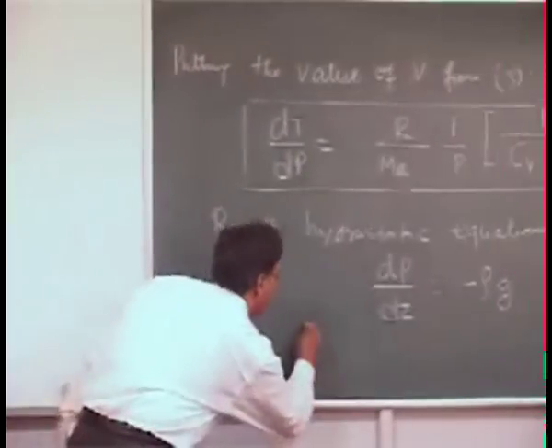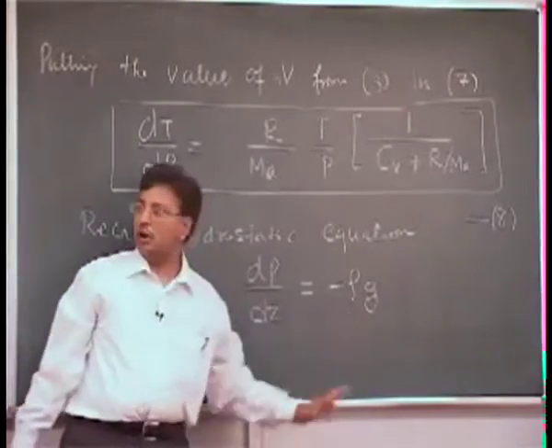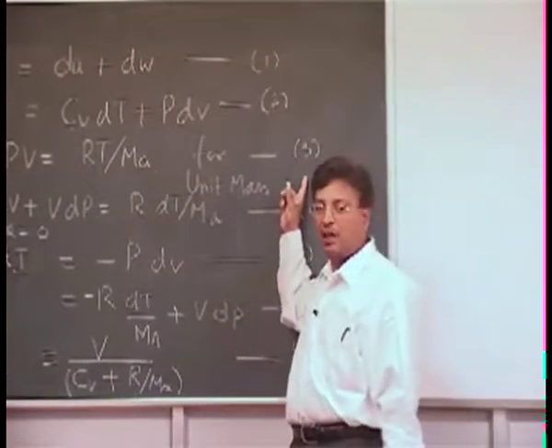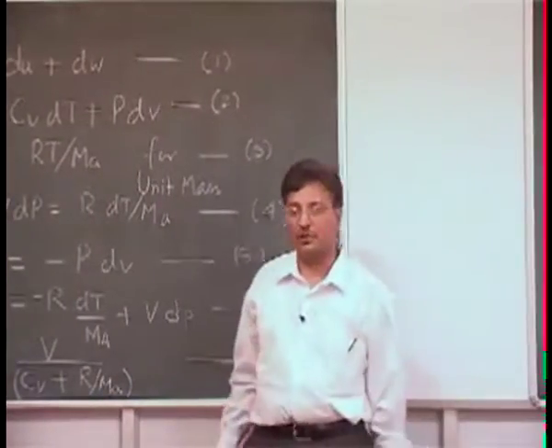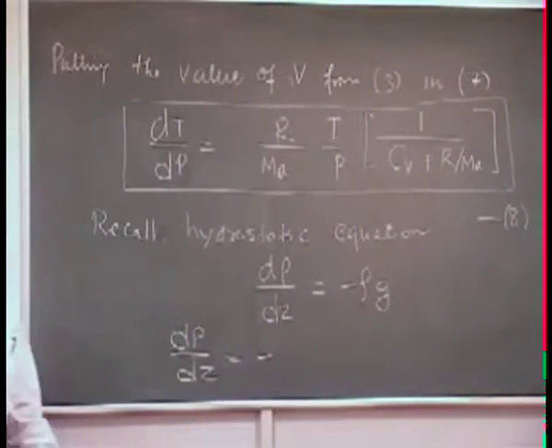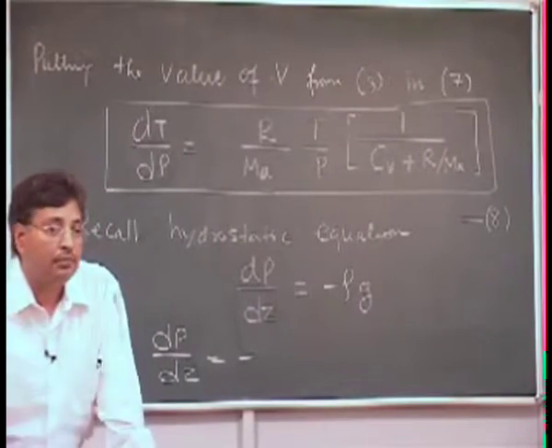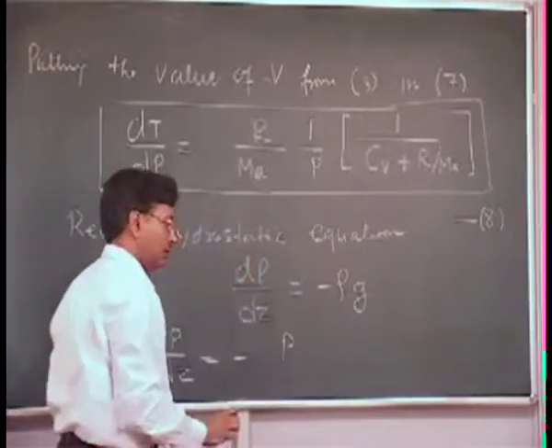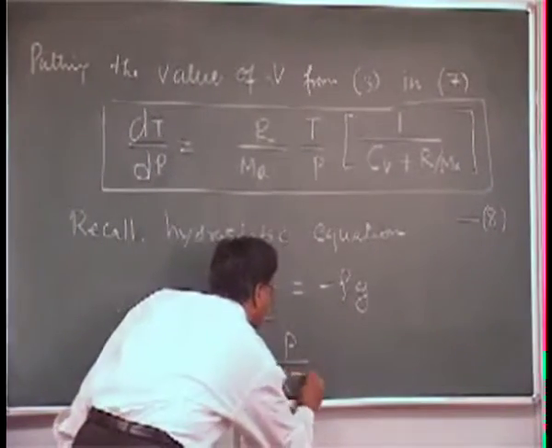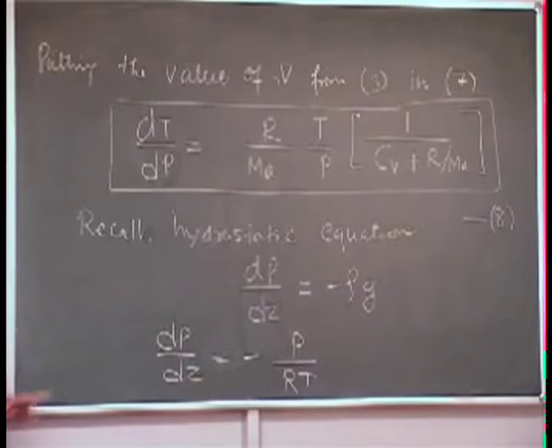So we say dP by dz, and then again you give me the expression, taking rho in the form of mass by volume from equation number 3, and give me the final answer. I can put the negative sign very conveniently. What are you getting? P g by RT. The M term should also be there. Don't forget there is a Ma here.